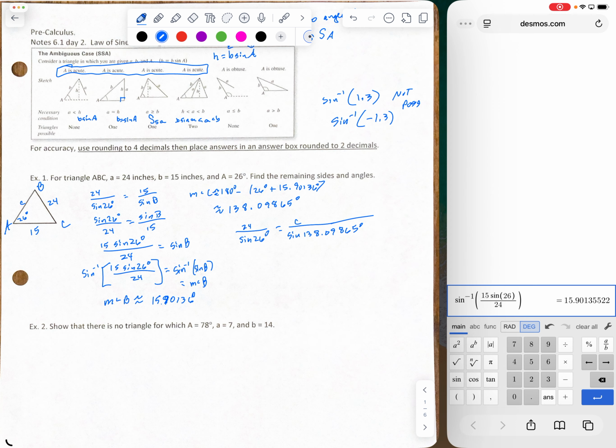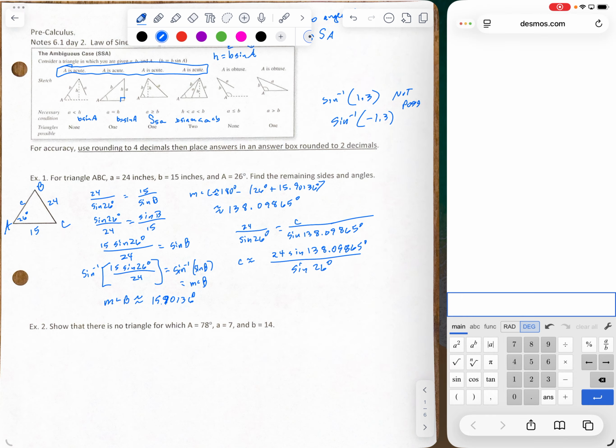Now, there's 2 ways that you can show me this. You can show me that the height is 14 times the sine of, it's always the adjacent side times the sine of 78. So 14 sine of 78.